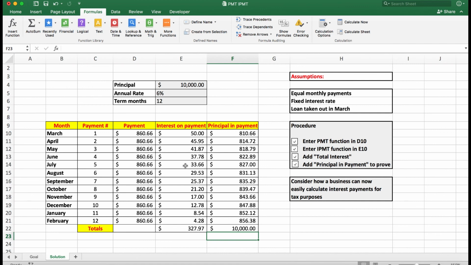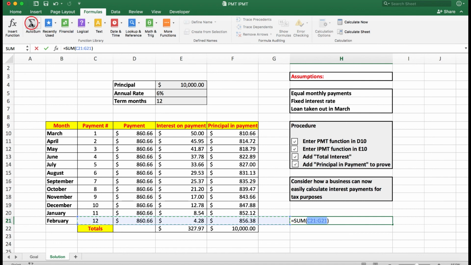So what I'm going to do here is to click in this cell, for example. I'll use the auto sum button, and what I want to do now is to drag down through July for the interest down to December, and when I press enter, there is my tax claim, $139.55.